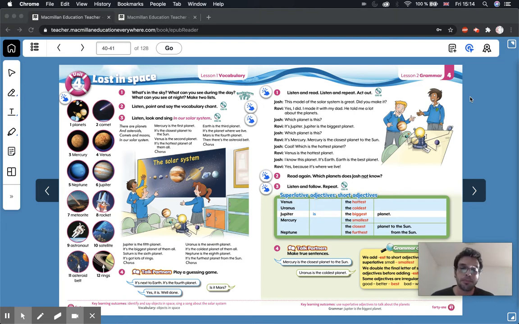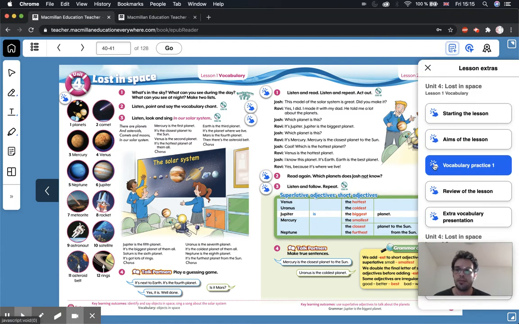Okay, now, before we start with today's work, let's revise the vocabulary from the last class. Repasamos el vocabulario primero, de la última clase.